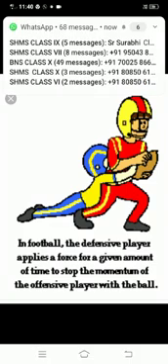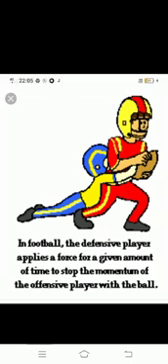You are seeing the yellow color player increasing its time to stop the momentum of the offensive player with the ball. So what we see is that both the player's mass and velocity are acting together. This type of force is called momentum force.